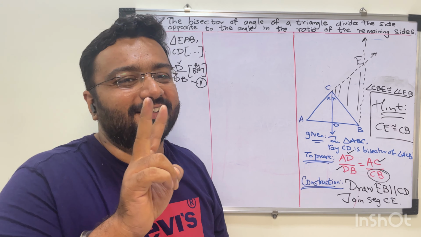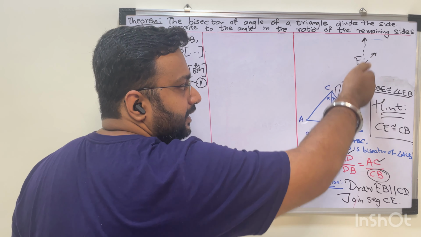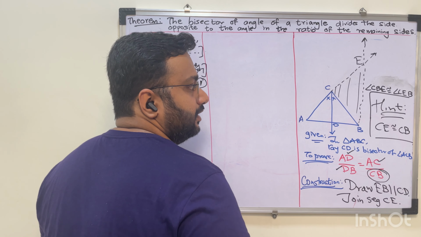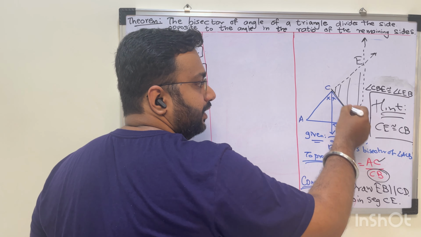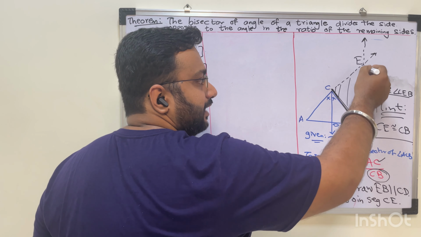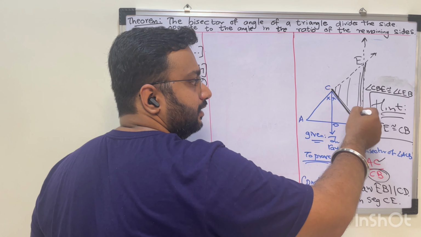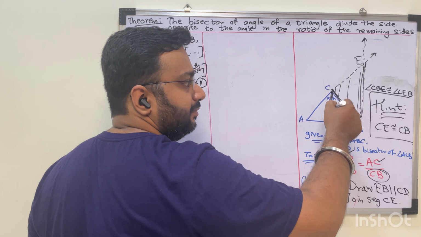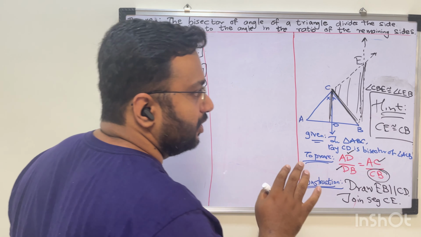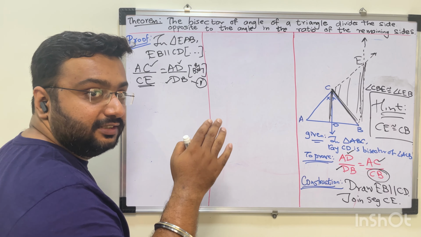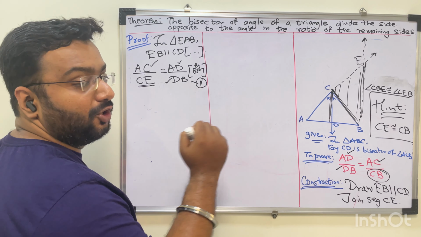See, now observe here, CBE. Here, this side, BE, is parallel. So this side will be transversal. So over here, this side is transversal and this side is parallel. So just observe here and think and tell me which letter is formed over here. Superb. Z. See, if you observe Z, it's nothing but alternate angle.